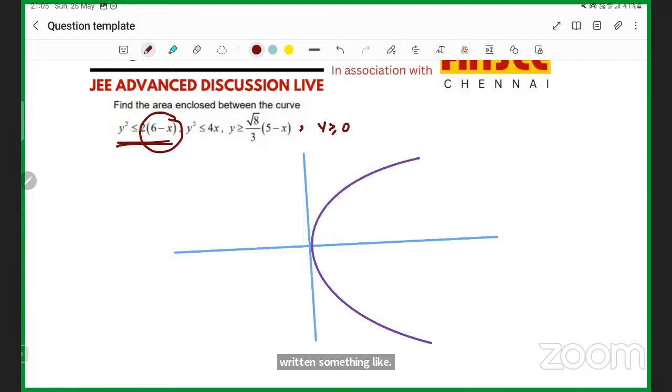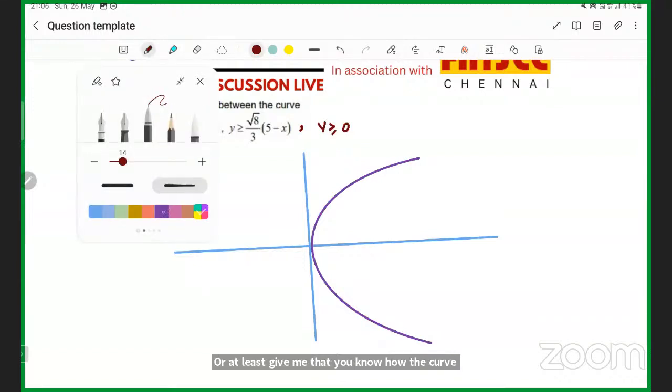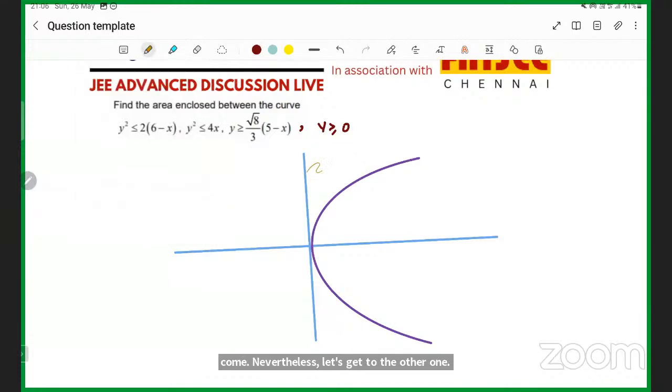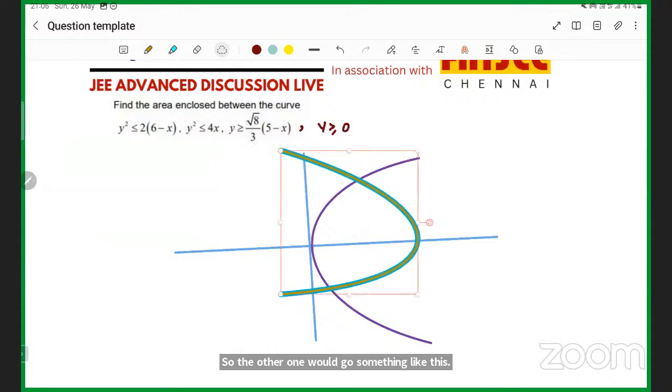If it would have been a class, definitely I would have asked you to come and sketch it, or at least tell me how the curve should come. Nevertheless, let's sketch the other one. It would go something like this. Yeah, roughly it would look something like this.